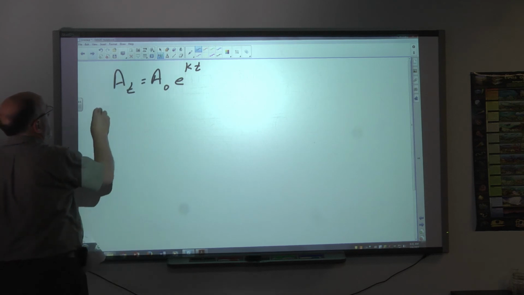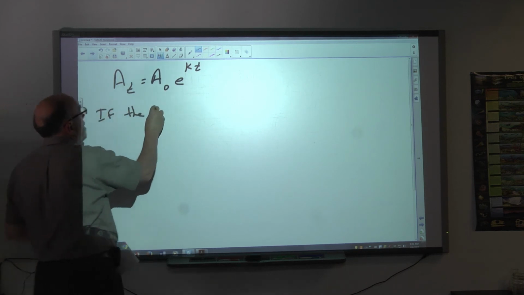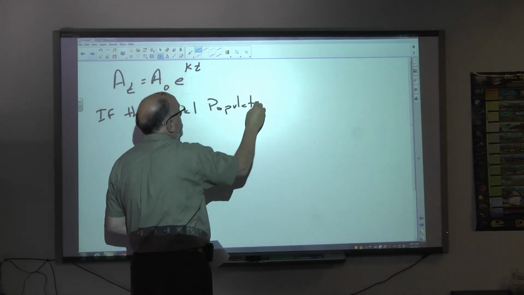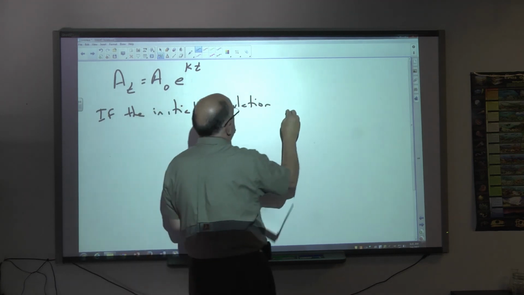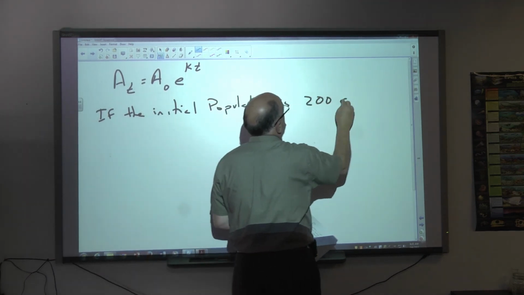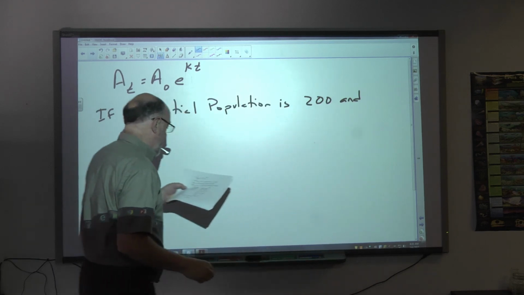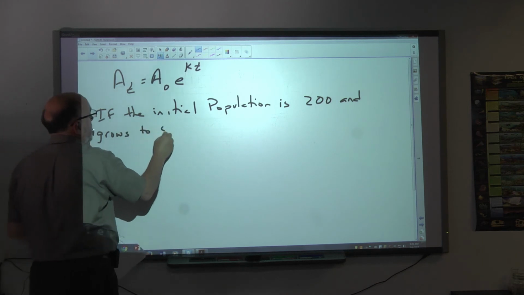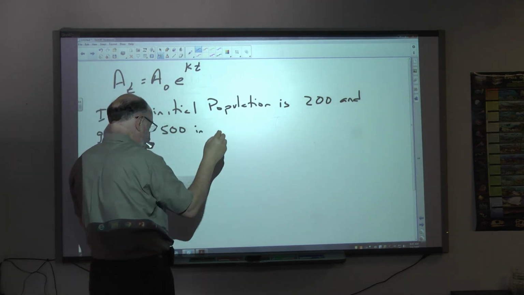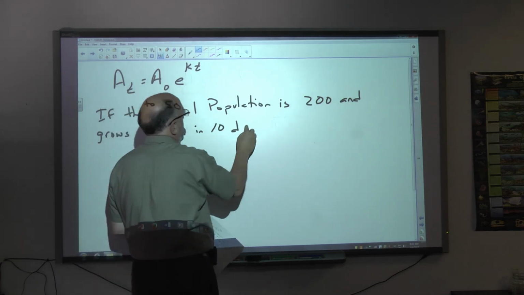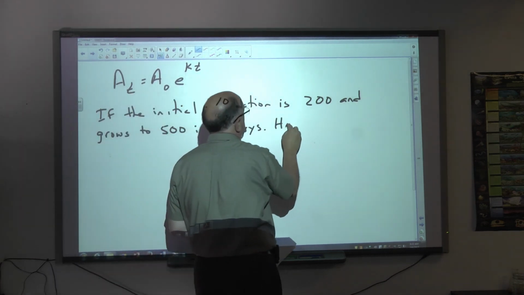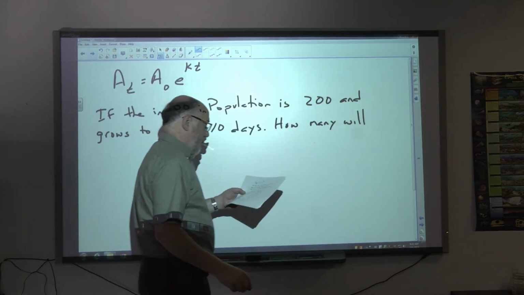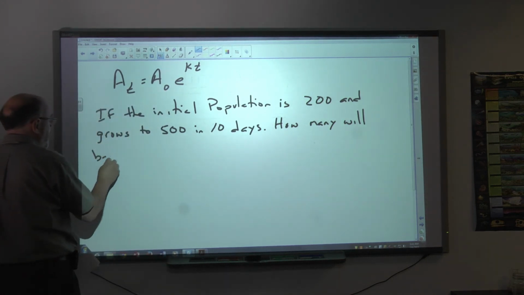And so if the initial population is 200, and grows to 500, in 10 days, how many will be present after 25 days?